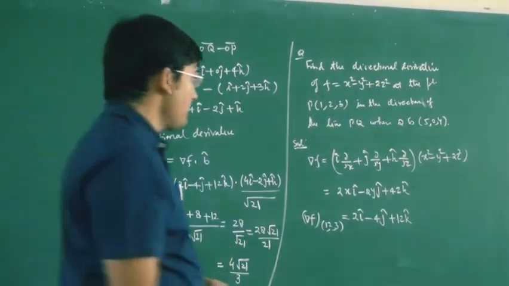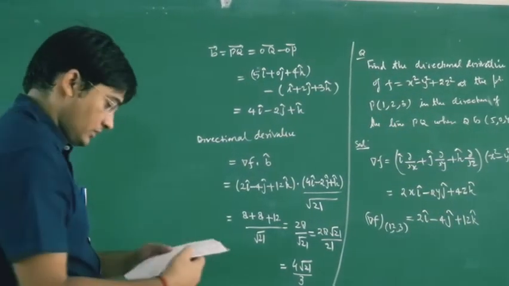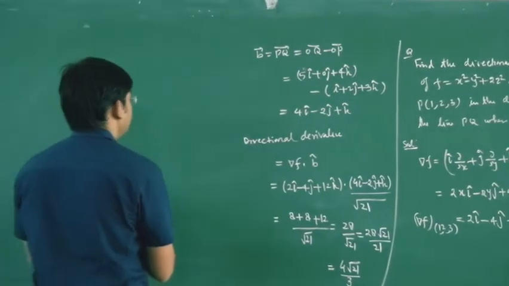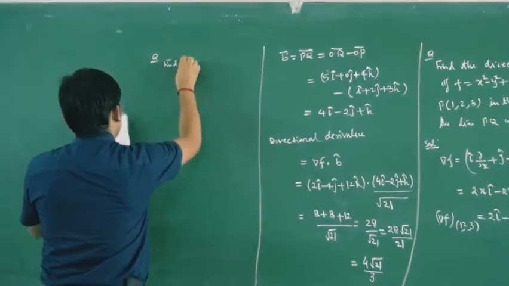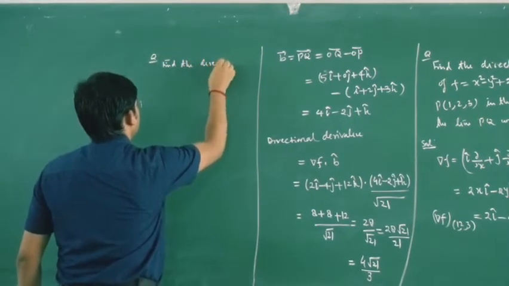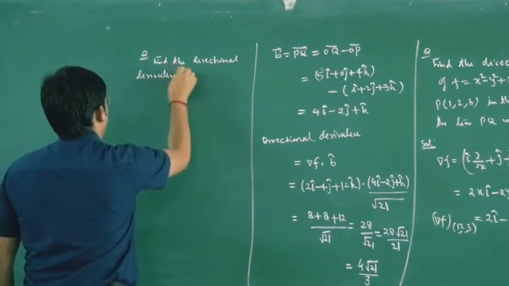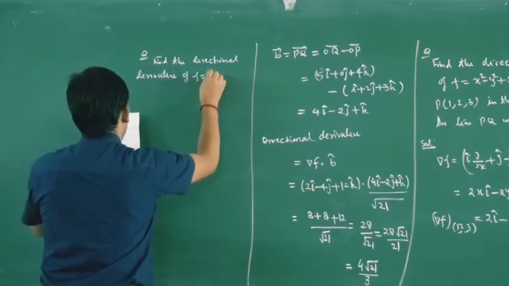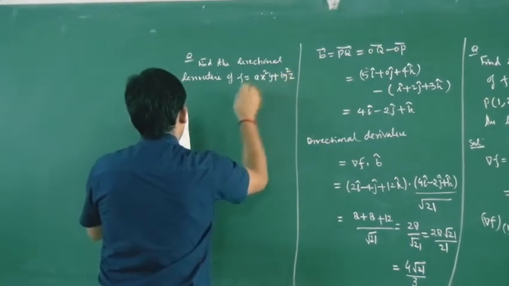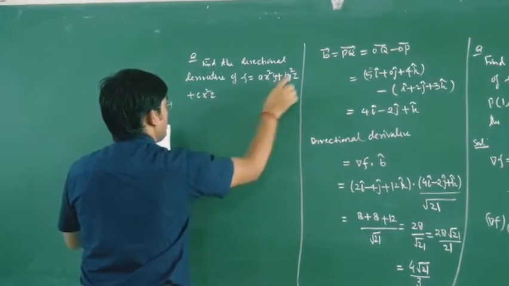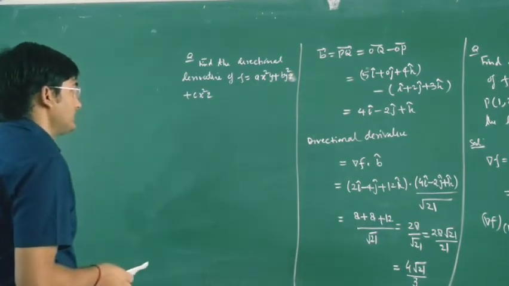Now our next question is to find the directional derivative of f, which is a x square y plus b y square z plus c x square z.